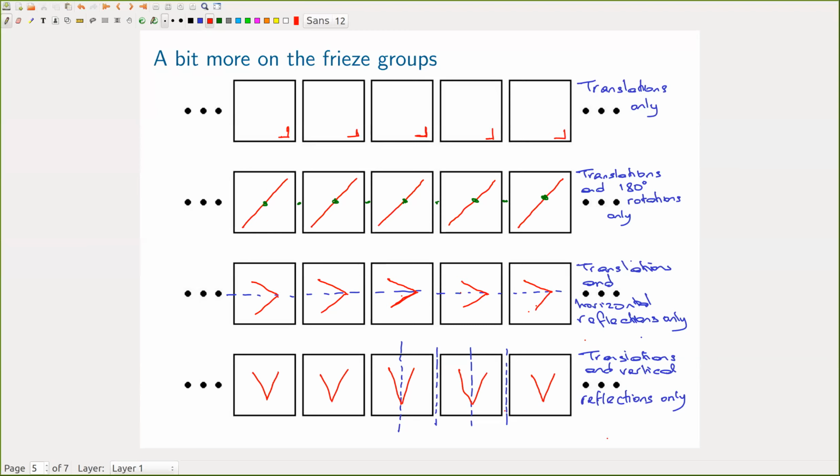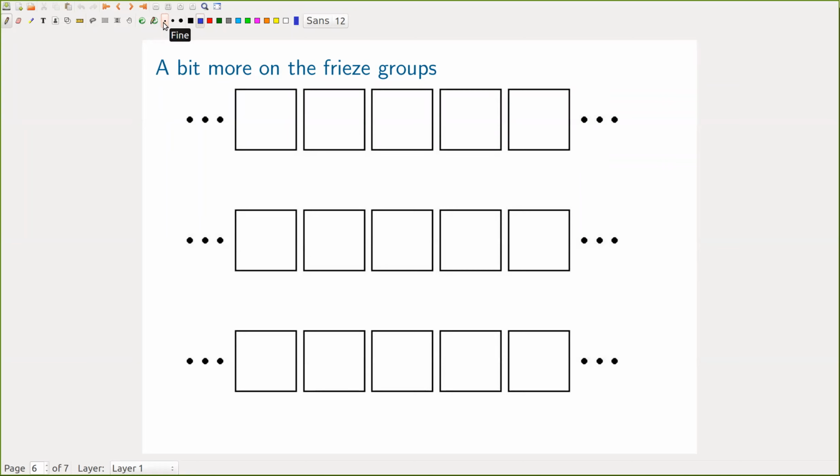Okay, the 5th example of a frieze group that we're looking at has translations, horizontal and vertical reflections, and also 180 degree rotations.